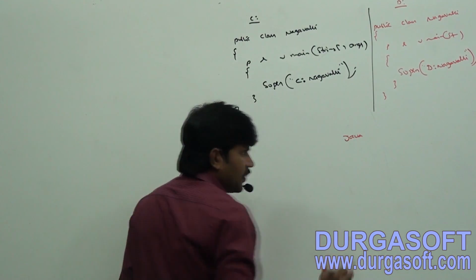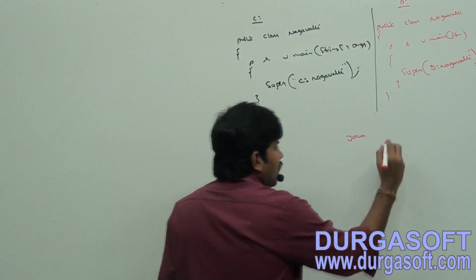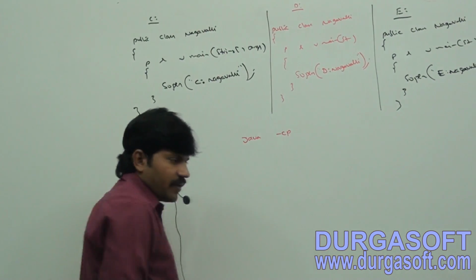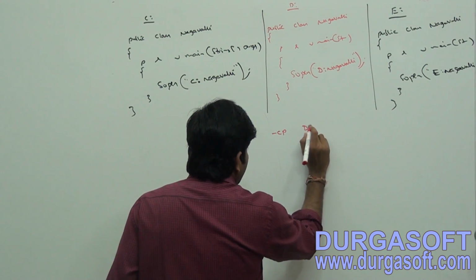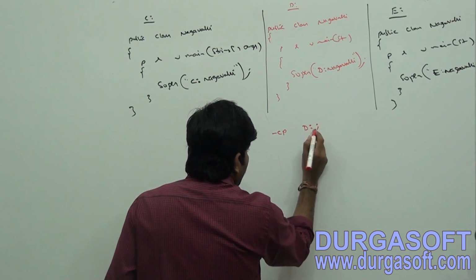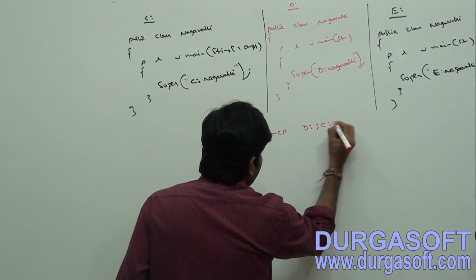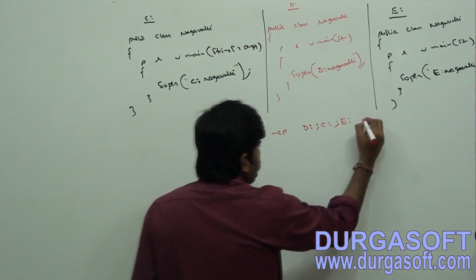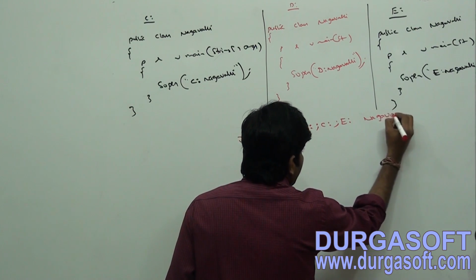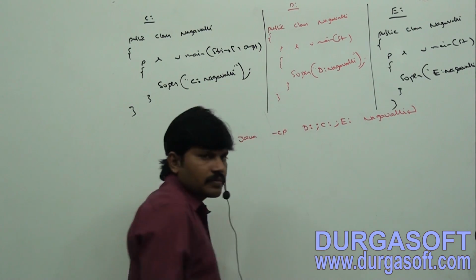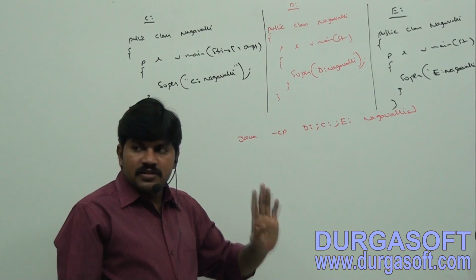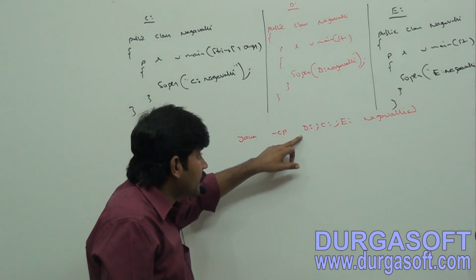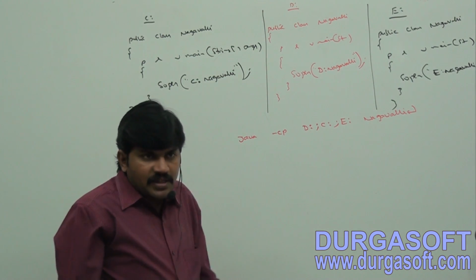I want to run java -cp D colon semicolon C colon semicolon E colon, followed by Nagavalli.